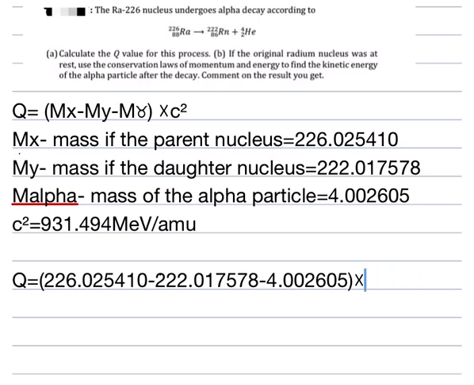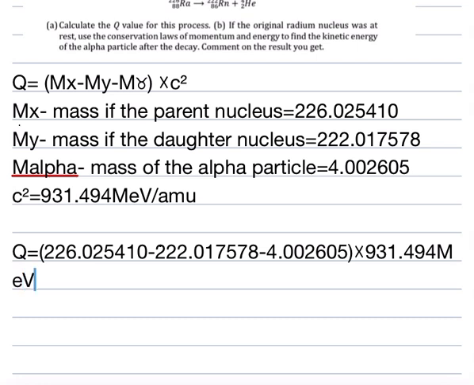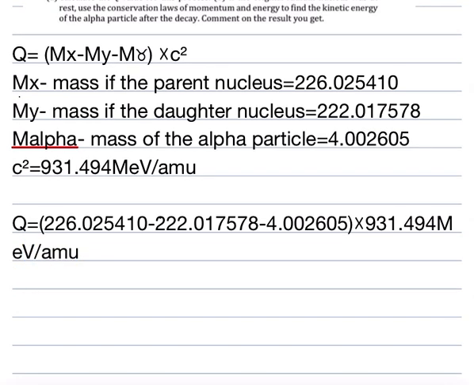Oh sorry, I put an 831 there; it is 931.494. If you punch these numbers on your calculator and clear the brackets, the unit symbol is AMU there.